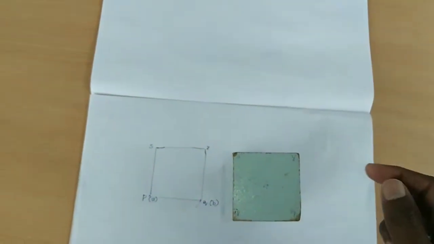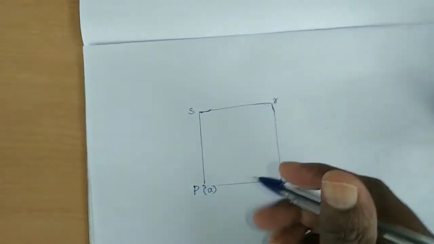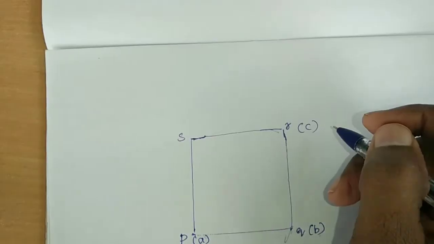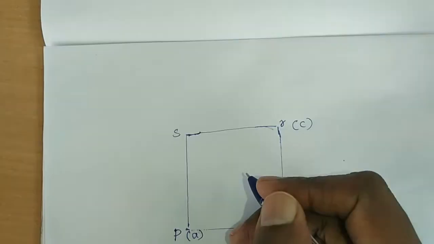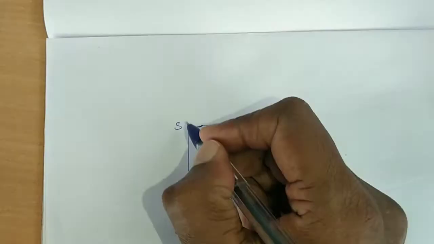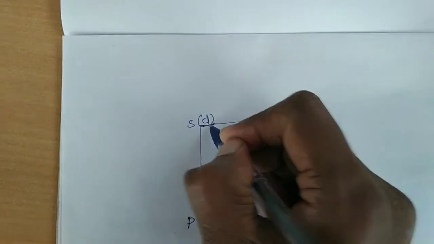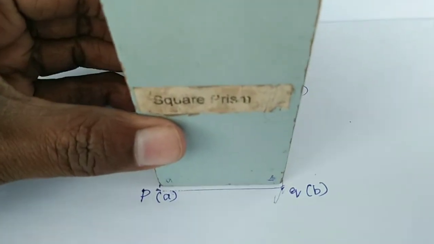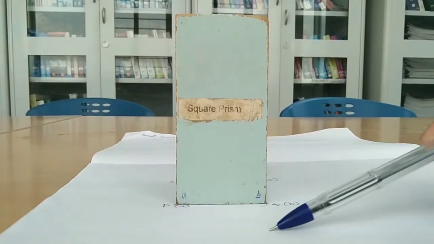You have to represent the not visible corners in a closed bracket. So PQRS is visible and ABCD is not visible.